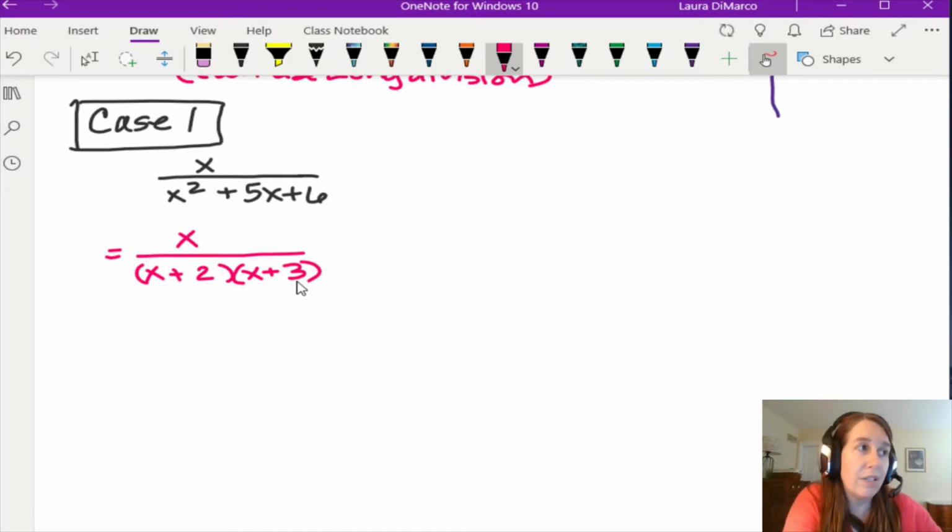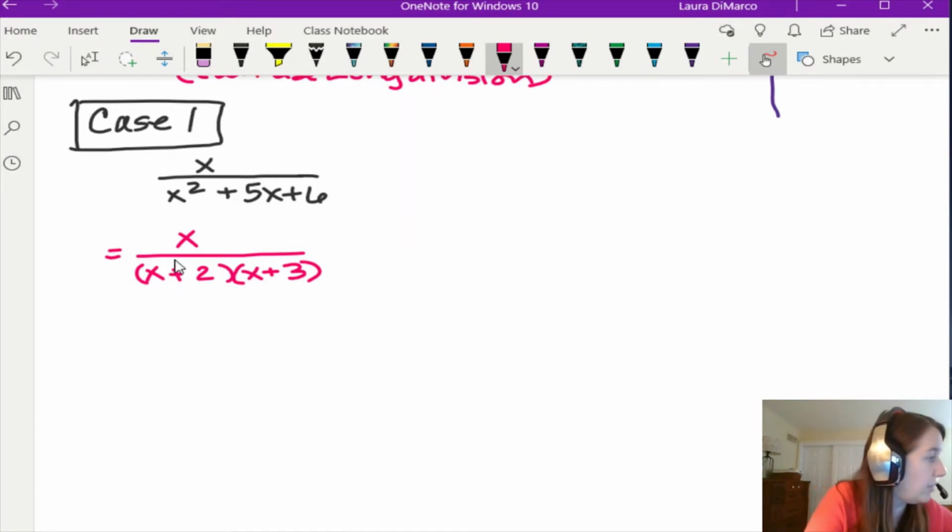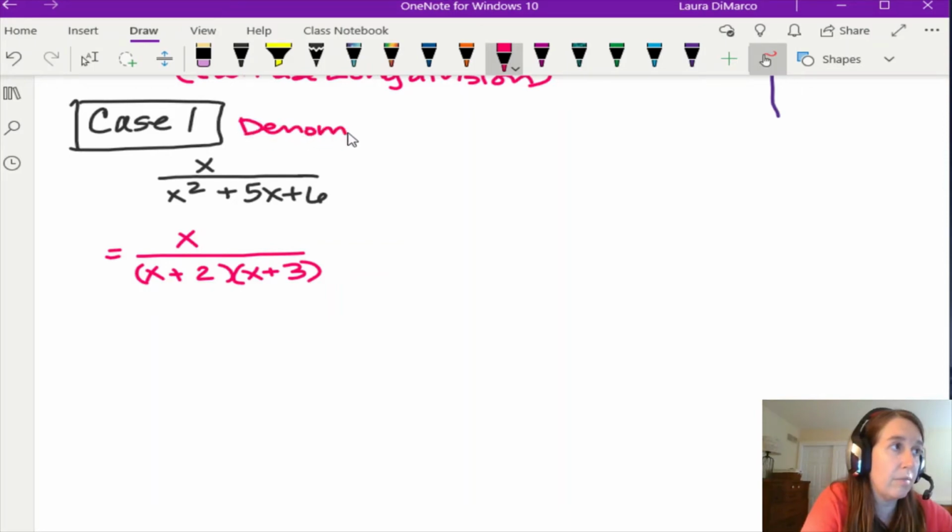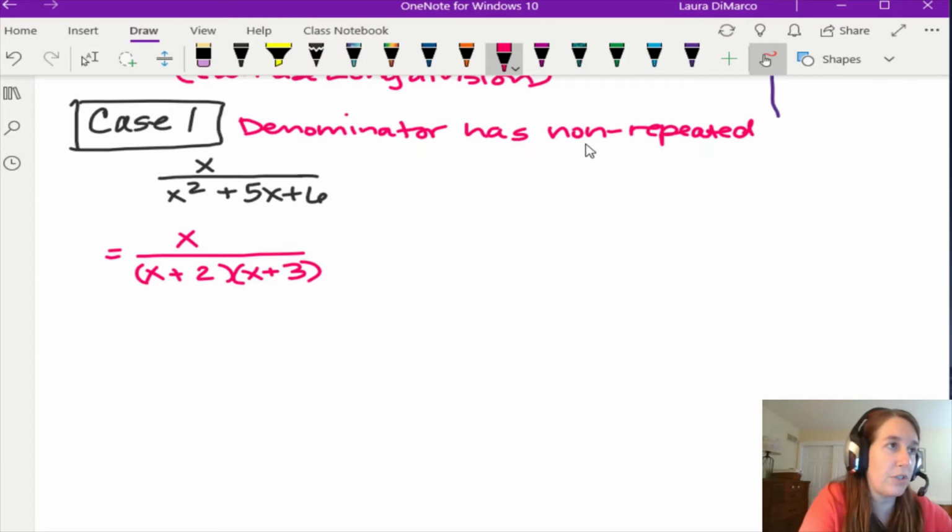So this is case 1. Case 1 is the denominator, there's that pesky long word again, has non-repeated linear factors.